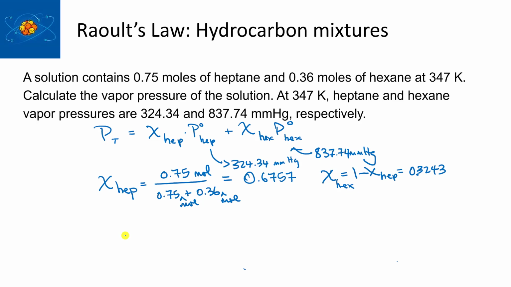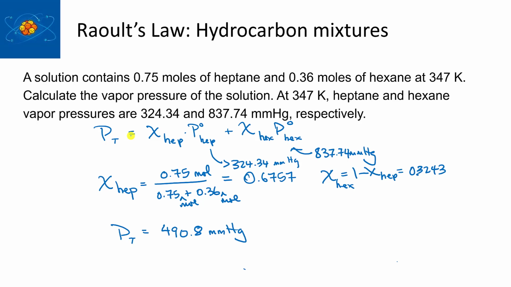We can plug all the numbers in, and your P total, which is your vapor pressure above the solution, ends up being 490.8 millimeters of mercury. Okay, so that's how you calculate the vapor pressure for a mixture of two hydrocarbons.